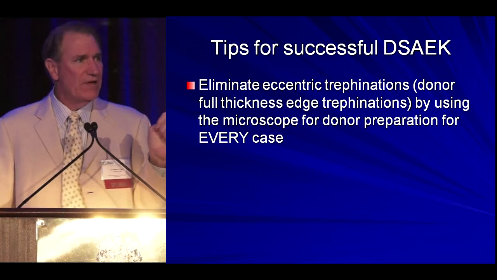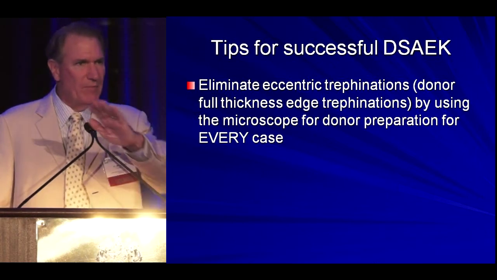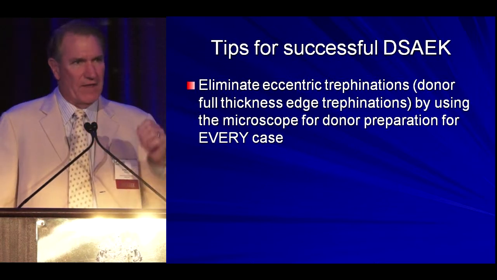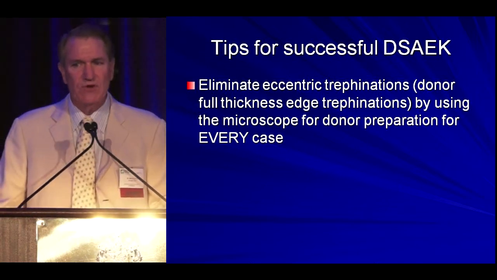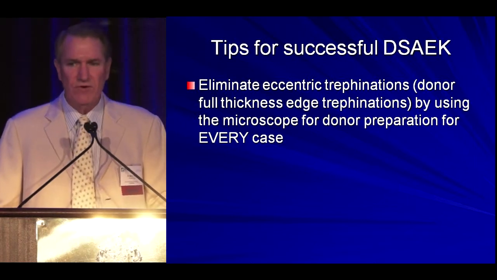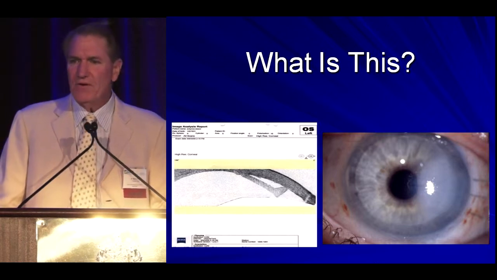So if you're punching out an 8.5 millimeter graft out of a 9mm recipient bed that has been microkeratomed, you're not going to always be well centered. So use the microscope. If you use the microscope, you can see what you're doing. If you don't use the microscope, what is this?